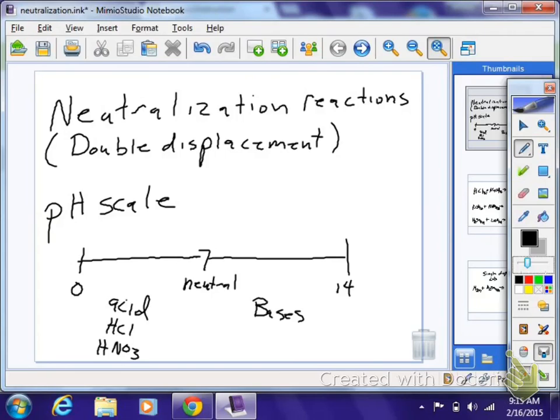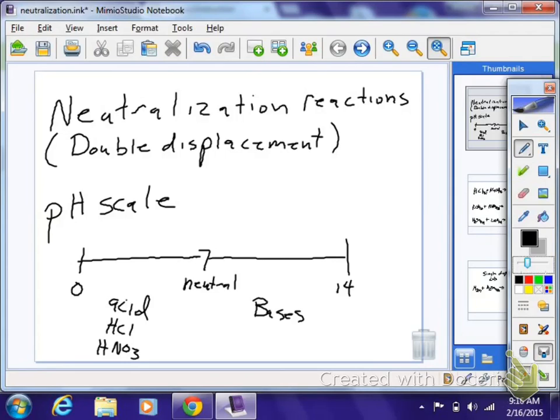Bases are bitter. There's not too many things that are bitter, like if you eat fruit before it's ripened, like a green banana, that is bitter. A lot of vegetables and some other things have a bitter taste to them.